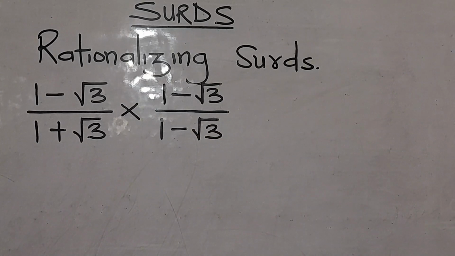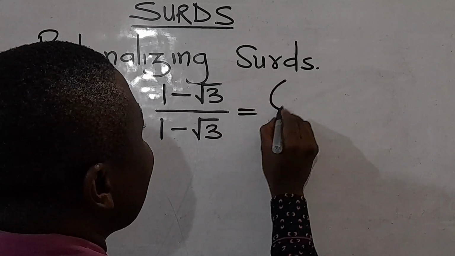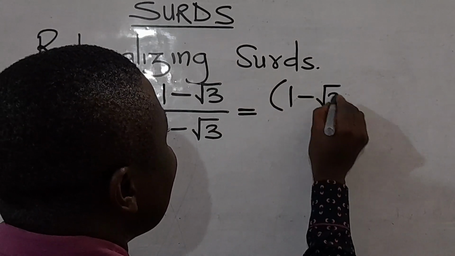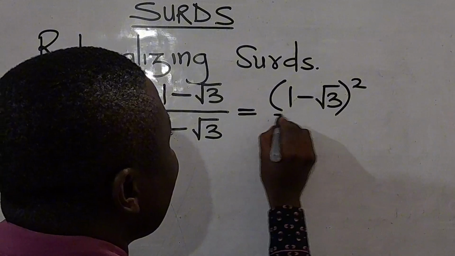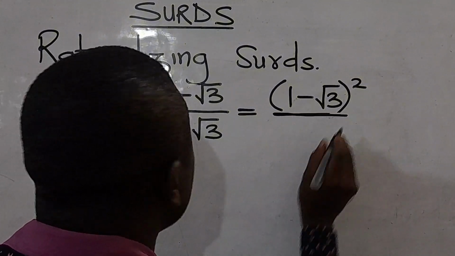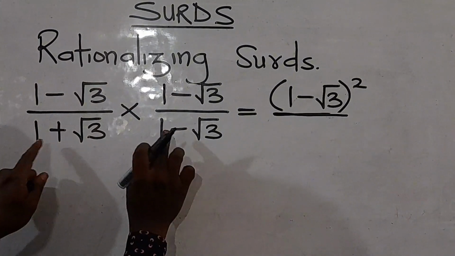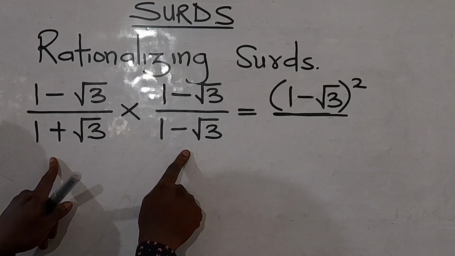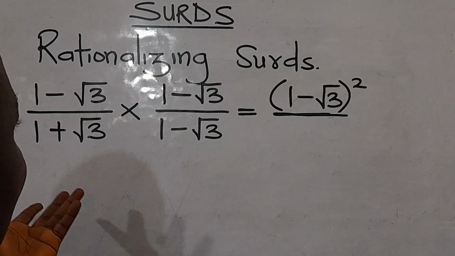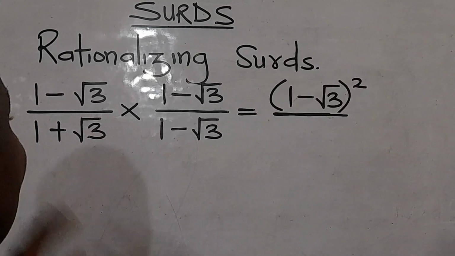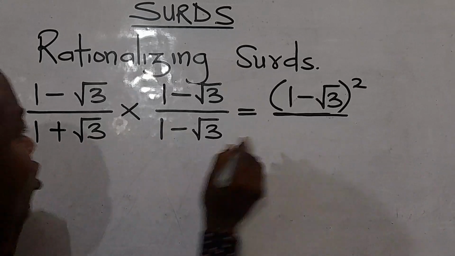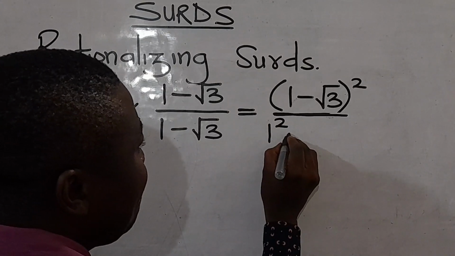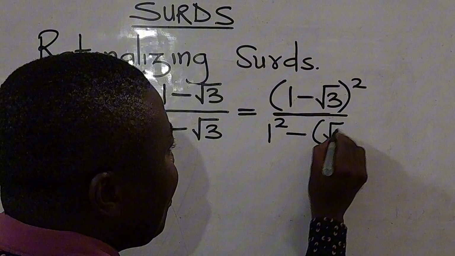Having said that, we go on to show that this is the same as 1 minus root 3 all squared over, remember, this now becomes difference of 2 squares. A shorter way of doing this is, the first one here, square them, minus, you square this.